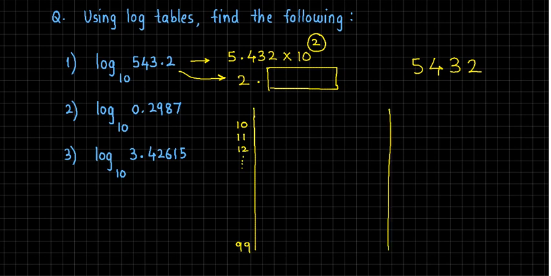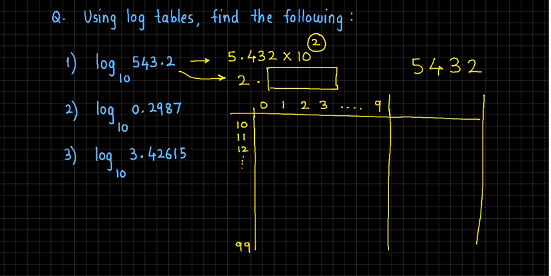In the first section you have the columns 0, 1, 2, 3 and so on up to 9, and there is another section later. There also you have columns, but starting from 1, 2, 3 and going up to 9. These are called mean differences. The last set of columns is called mean differences.